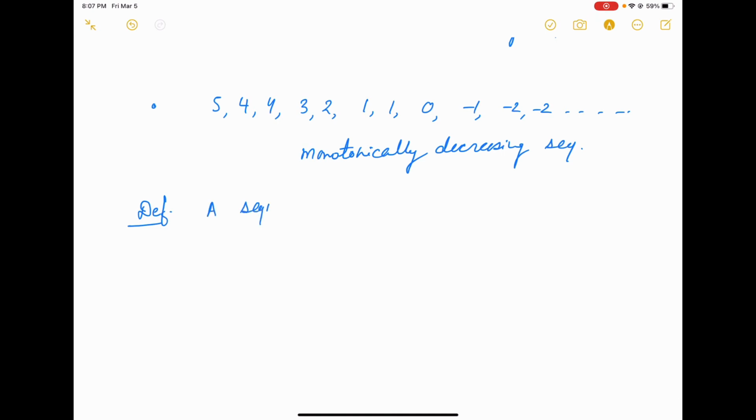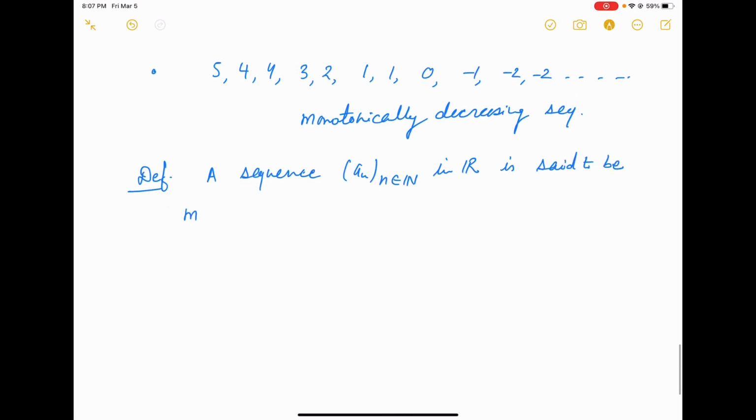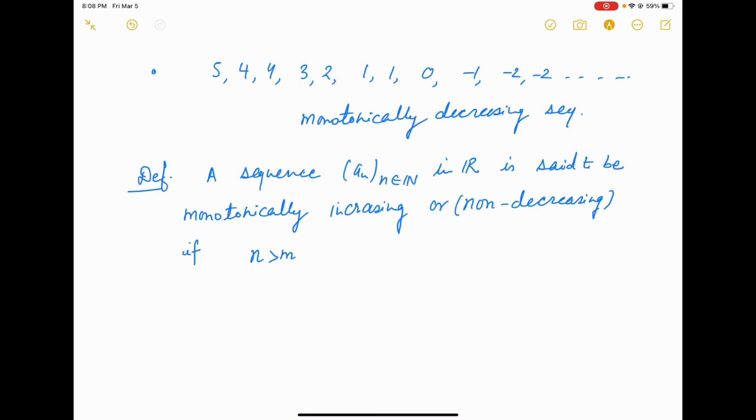A sequence a_n, n belongs to the set of natural numbers, in R is said to be monotonically increasing, or sometimes we may also say non-decreasing, if n greater than m implies a_n is greater than or equal to a_m.